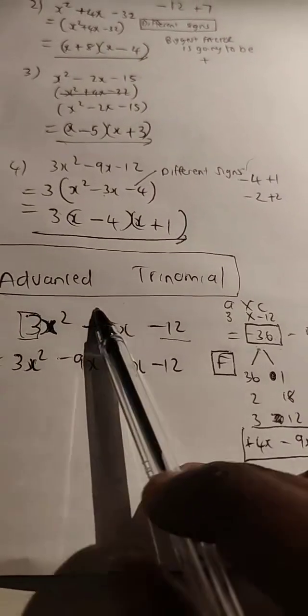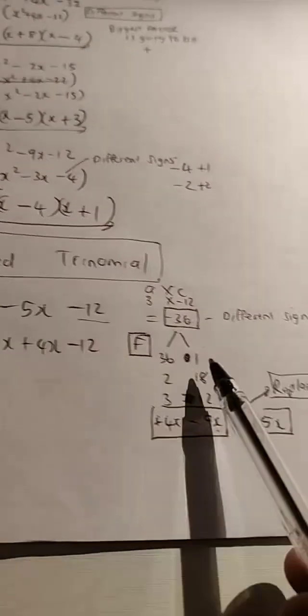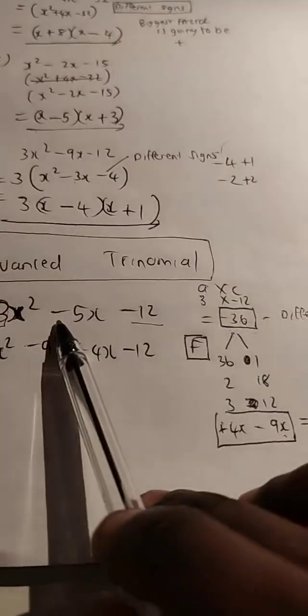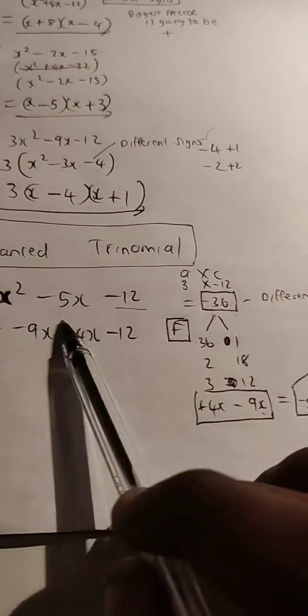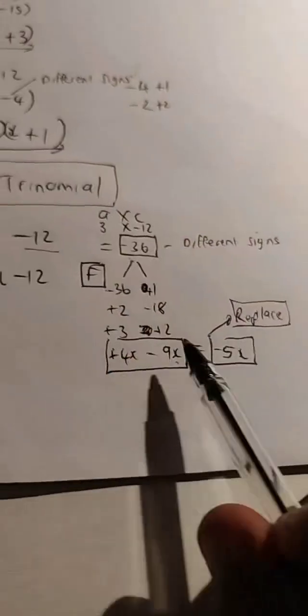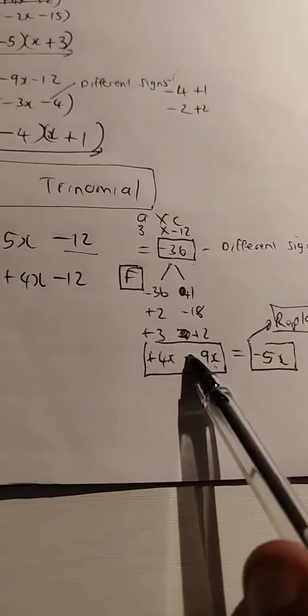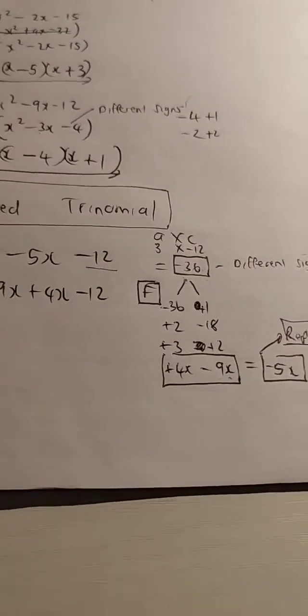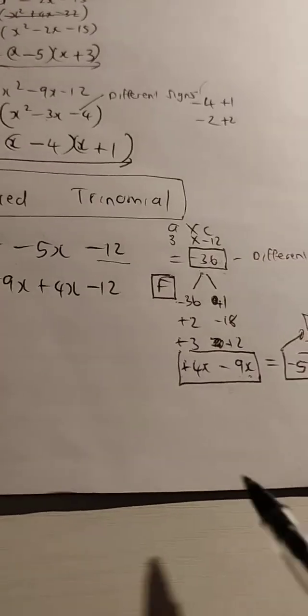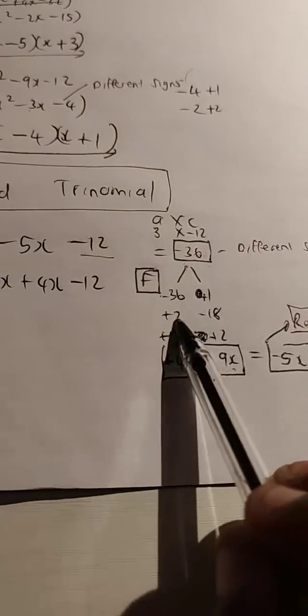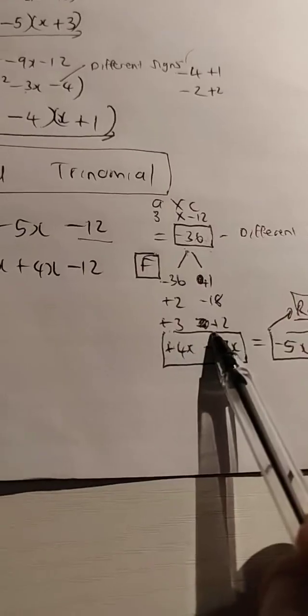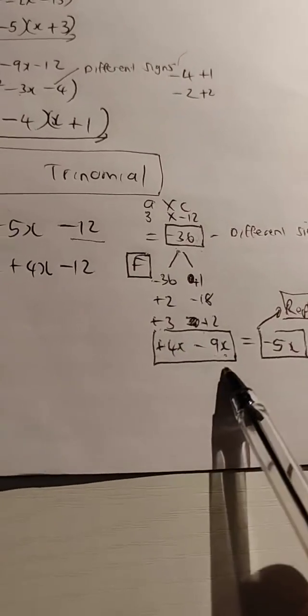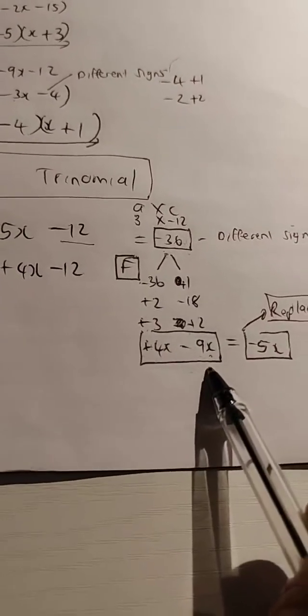The highest factor will have the negative sign. So negative, positive, negative, positive, and so on. Now the addition of the one that gives me negative 5x is what I'm looking for. So hence I'm saying 36 and 1 don't work, 2 and negative 18 don't work, 3 and negative 12 don't work, but 4 and negative 9 work very well.